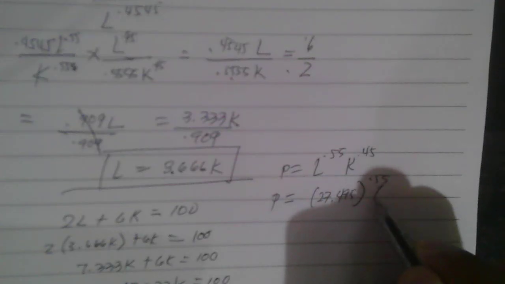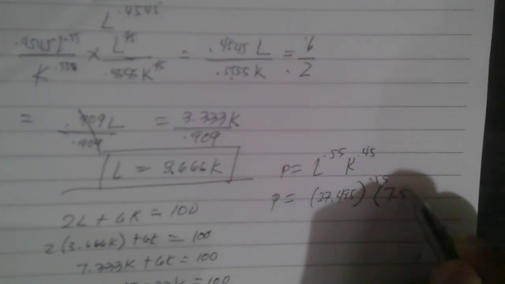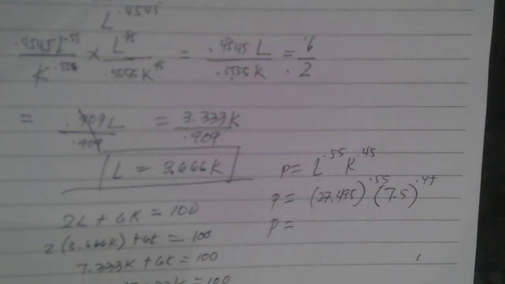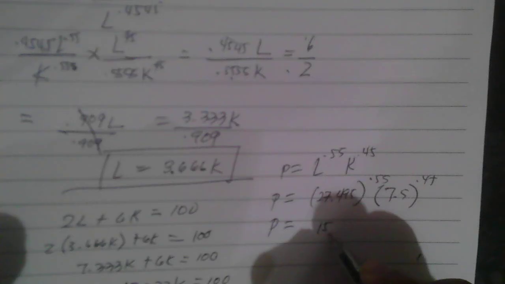which is 7.5 raised to the power of 0.45. Your total output becomes 27.495 raised to the power of 0.55 times 7.5 raised to the power of 0.45 equals, total output is 15 point.